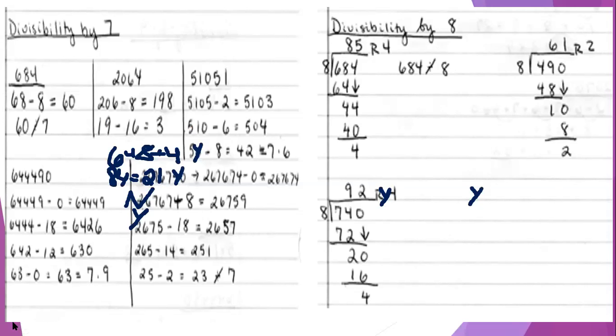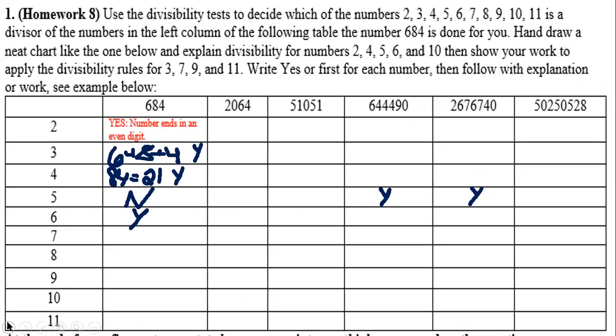So let's go back and look at 8. The divisibility rule for 8 is that the last 3 digits must form a number divisible by 8. This is one to get a calculator on, but we can look at 2064.